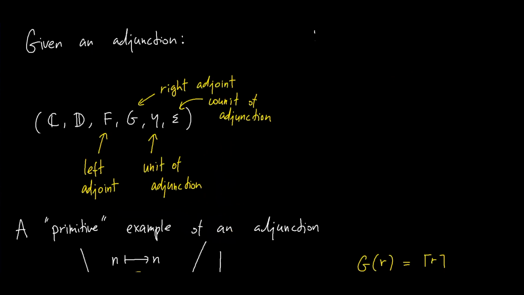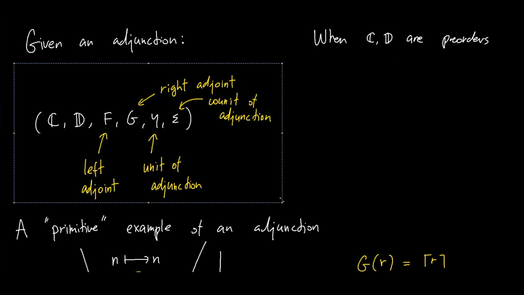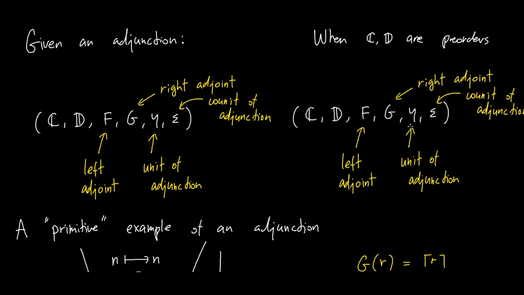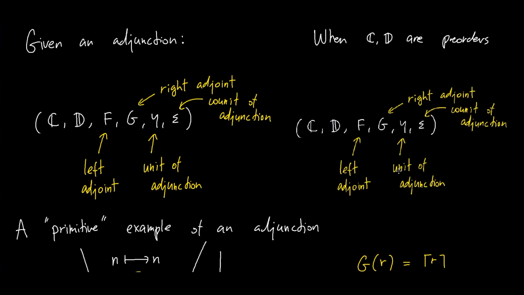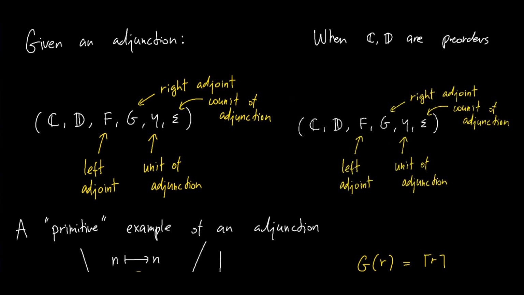So I'm going to go back to my previous screen. So when C and D are preorders, what is an adjunction? Well, first of all, functors between preorders are just monotone maps.